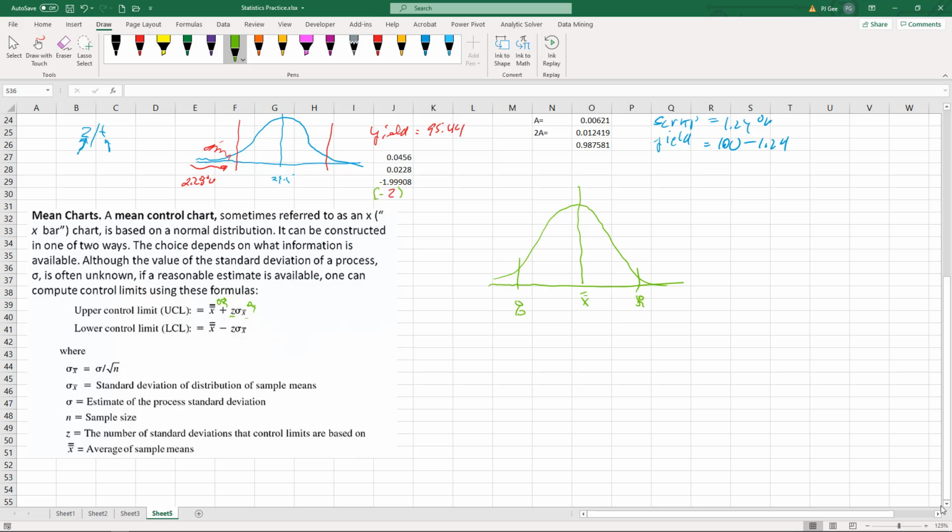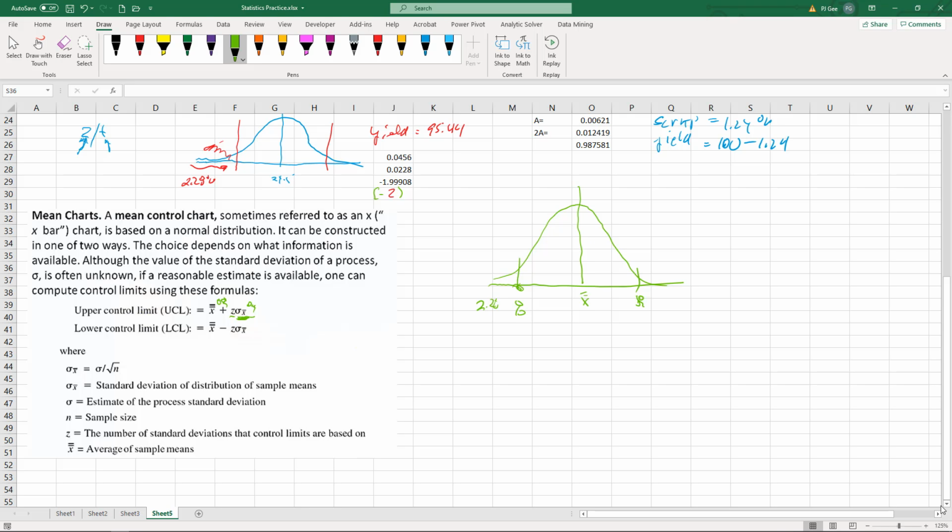We had a 2.28 that came out to be. What I had up there, 2.28, is down below here. We have to find the numbers associated with this, and again, because it's a sample of 16, we have to degrade the standard deviation that we were given. We have to degrade that by dividing by the square root of the number of points that are in our sample set here.